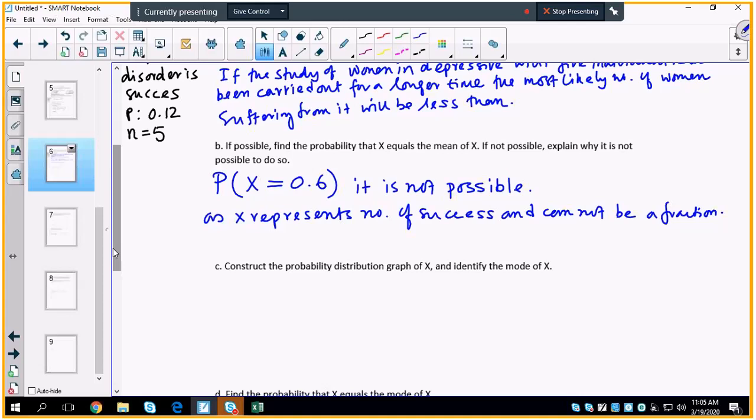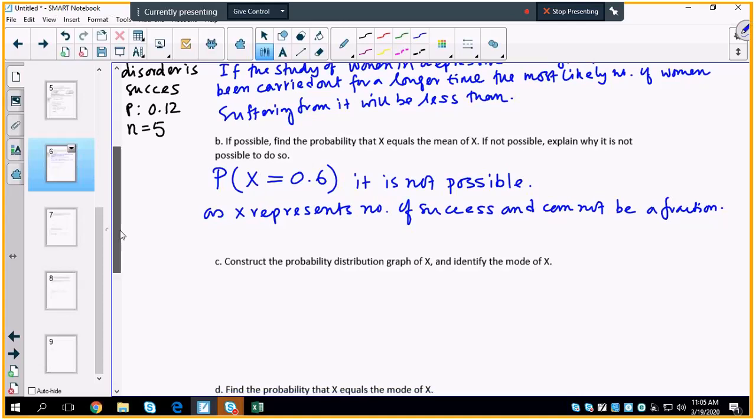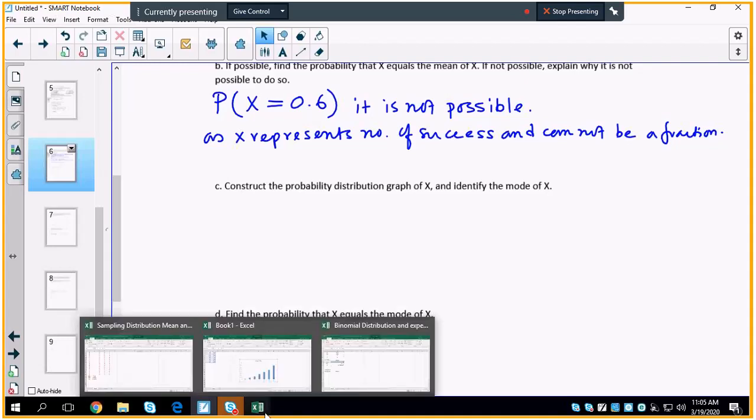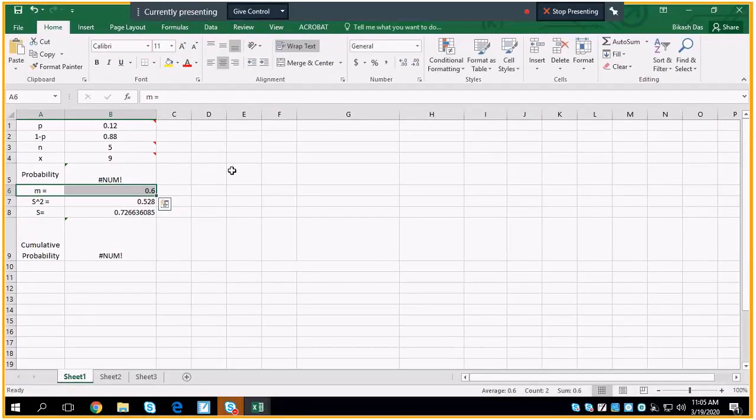Construct the probability distribution graph of X and identify the mode of X. So now we are going to talk about the probability distribution table and hence the graph. I'm going to find all possible values for the random variable X. Recall, since you have 5 trials, or you are trying 5 different women, what are the possible numbers that you will find affected by depressive disorder?